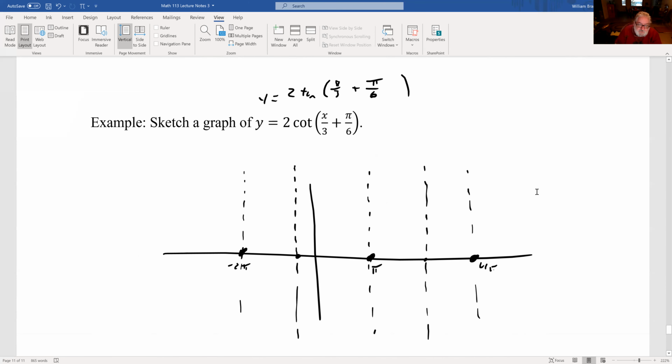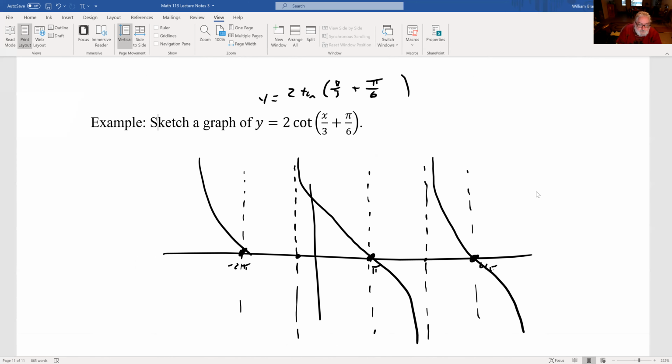Cotangent, going from left to right, goes down. And so this is the graph of cotangent. So to get the graph of cotangent from tangent, replace all the vertical asymptotes with x-intercepts, all the x-intercepts with vertical asymptotes, and draw on your curves. It's the same shape, it's just going down instead of up.